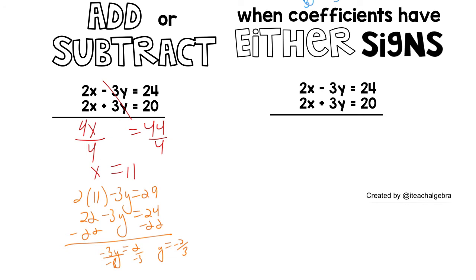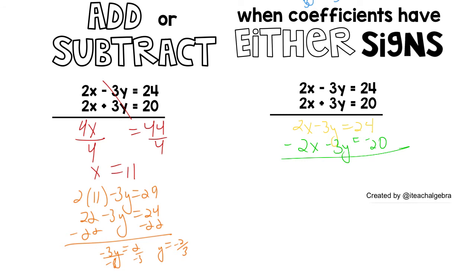Let's try the same thing on the other side, except now I want to change all the signs in one of them to the opposite of what they are now. So I'm going to leave 2x minus 3y is 24 and change the next one to negative 2x minus 3y is negative 20.